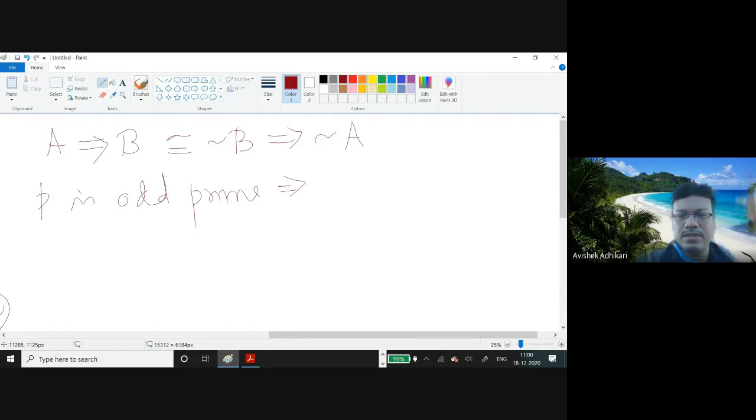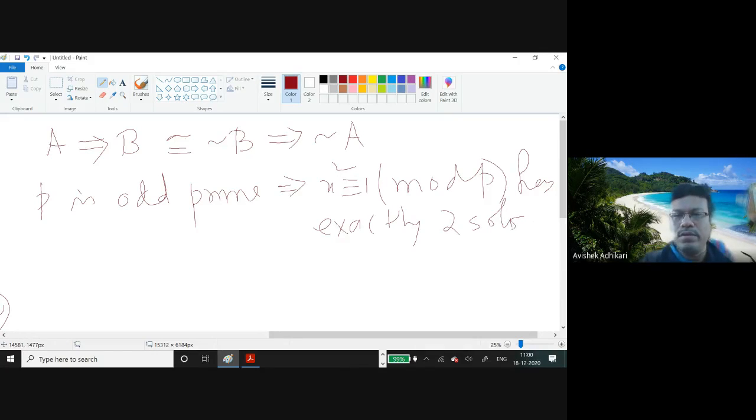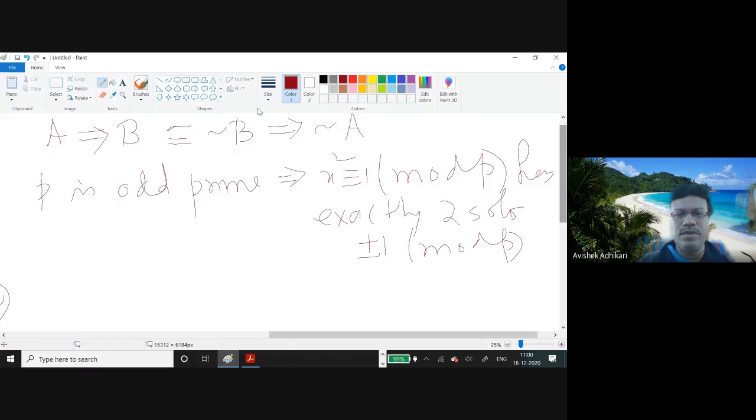So here, P is an odd prime implies x square congruent to 1 mod P has exactly two solutions, and the solutions are namely plus minus 1, of course, modulo P. Now, if I change this in terms of negation, that means if x square congruent to 1 mod n or P has more than two solutions, then what will be your conclusion?